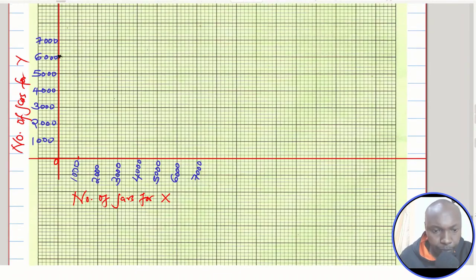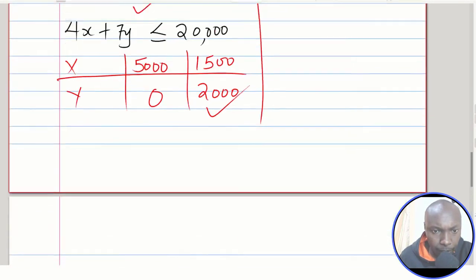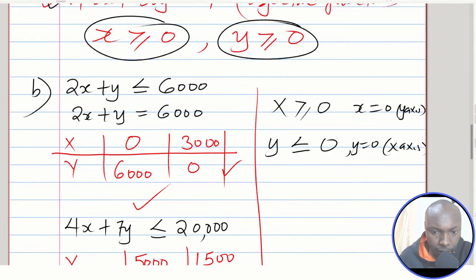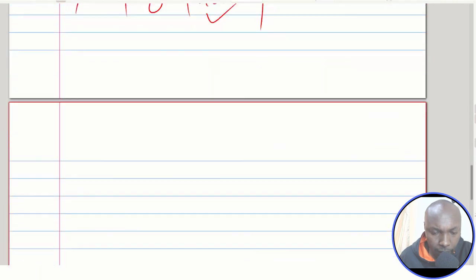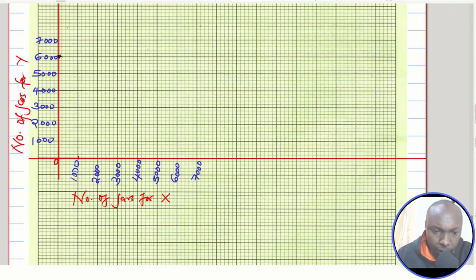And then the other point, x is 3,000 and y is 0, will be here. So 3,000, 0 and 0, 6,000. Let me draw that line properly. That line should be like that.